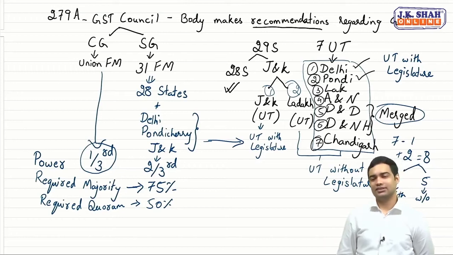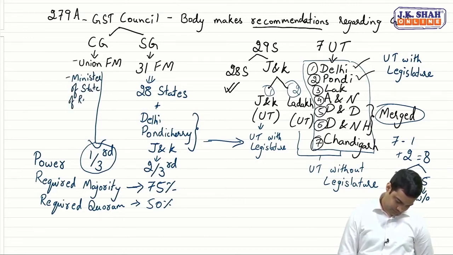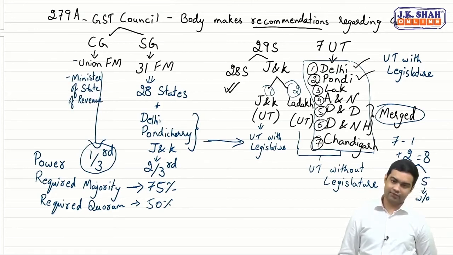Central government represented by Union Finance Minister and Minister for State of Revenue, and state governments represented by 31 FM.